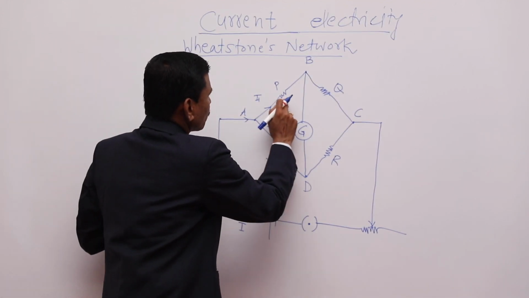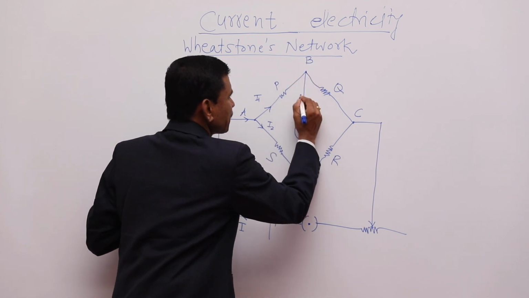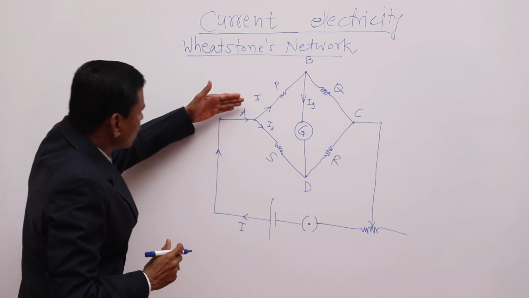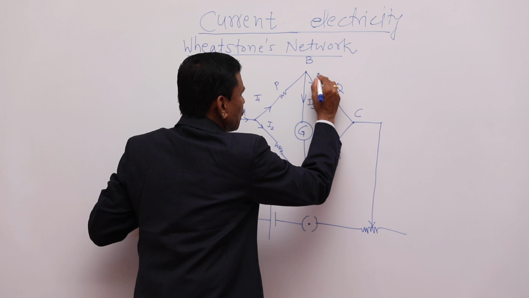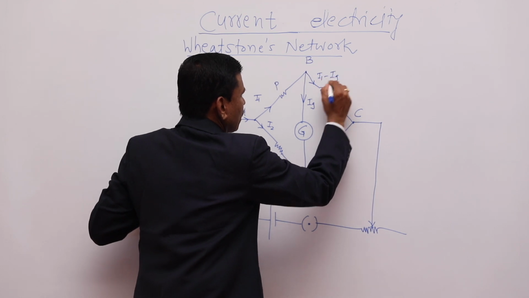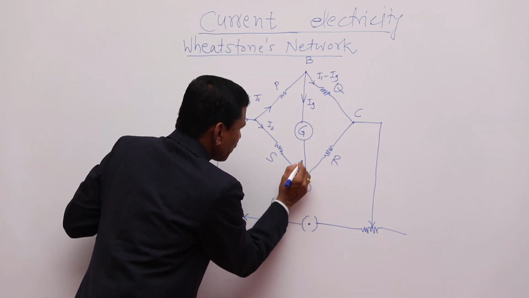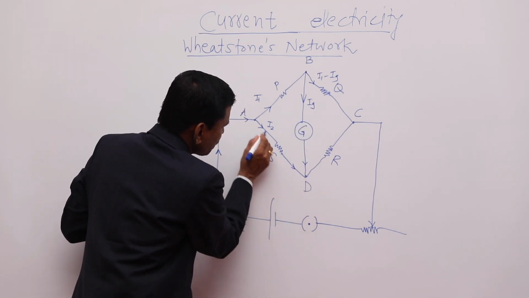The I1 current will flow through the resistance P and will reach point B. Let Ig current be flowing in the galvanometer. So I1 minus Ig will be the remaining current that will flow in resistance Q. At this point, from this branch Ig current is coming and from this branch I2.